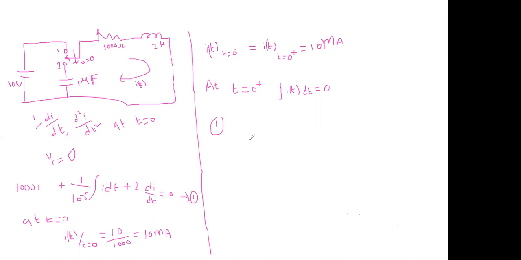From 1, 1000 I of t at t equal to 0 plus, plus 2 into di by dt at t equal to 0 plus equal to 0.